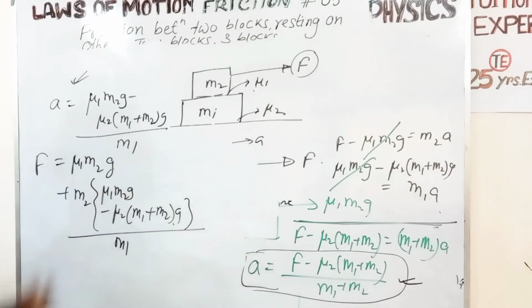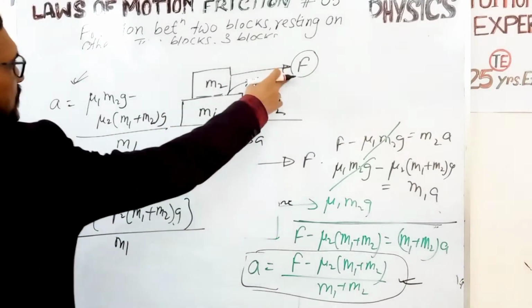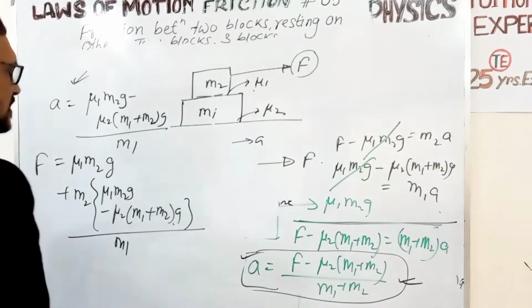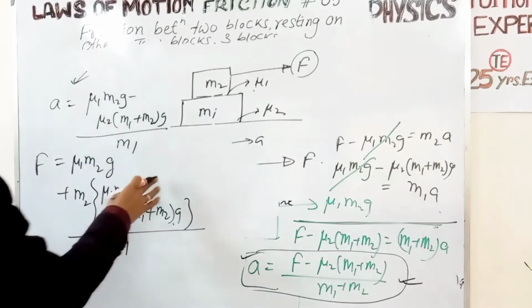So this force should be applied so that two blocks move together. Now if the force is given and acceleration, you have to apply the acceleration, and find the maximum force required so that two blocks move together. So this is the answer.